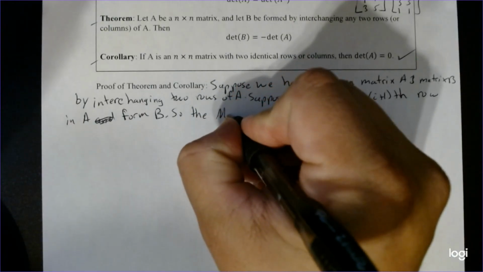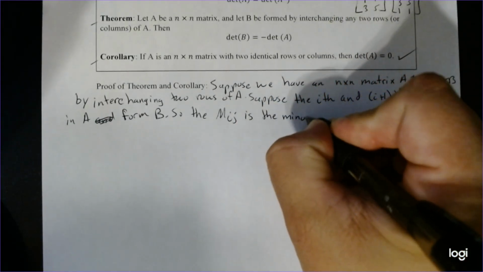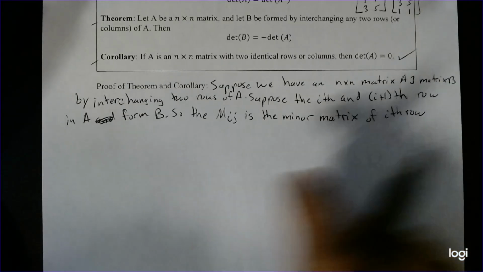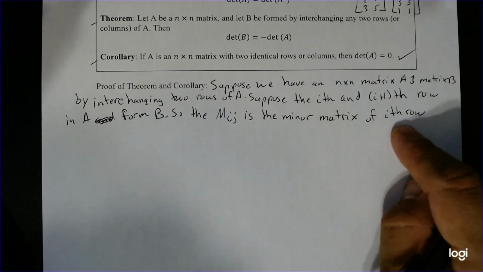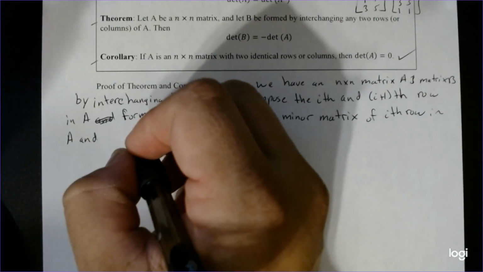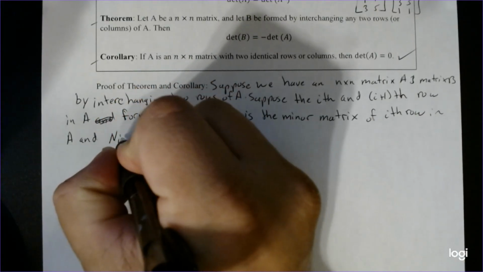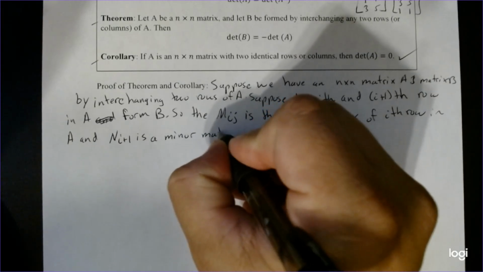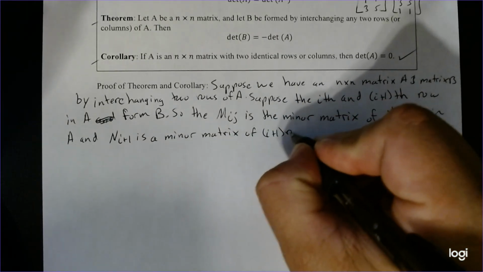So we have this minor matrix M_ij, which is the minor matrix in A for the ith row, and we'll say M_(i+1)j is the minor matrix of the (i+1)th row.